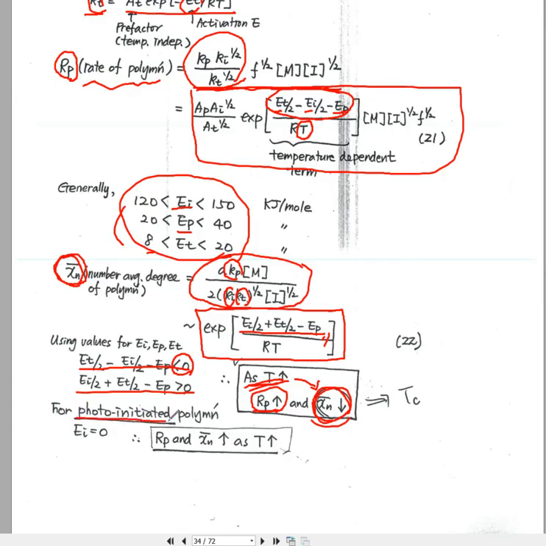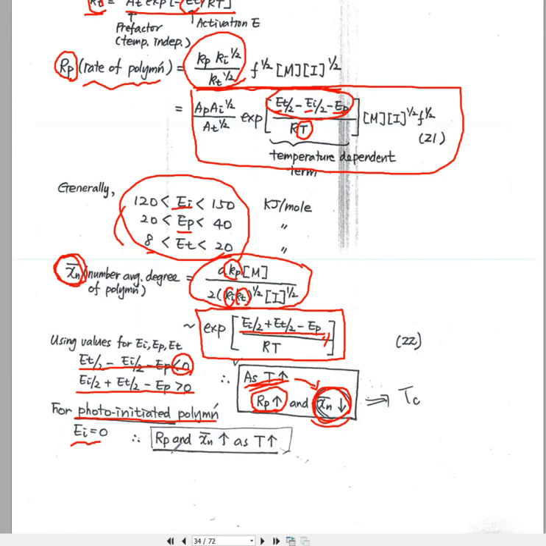For photo-initiated polymerization, when you use the initiator, which is basically, for example, azobenzene, then the activation energy for initiation is 0. Then if you put those numbers of the activation energy here, EI is 0 and EP is, for example, 30, ET is like 10.